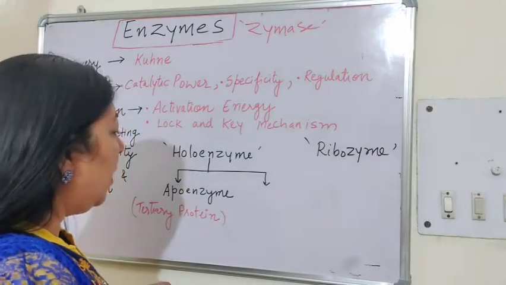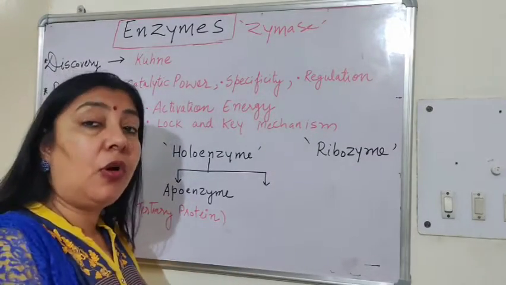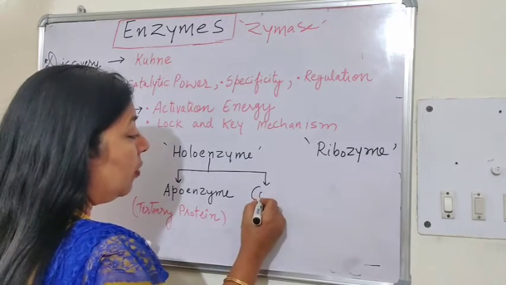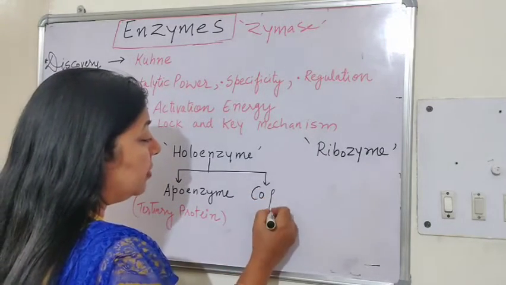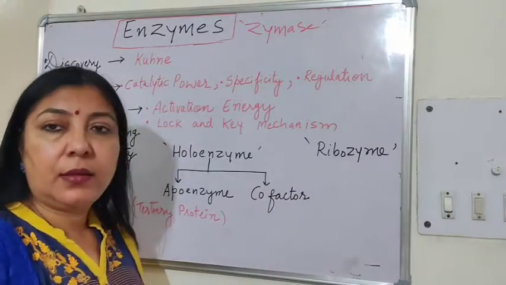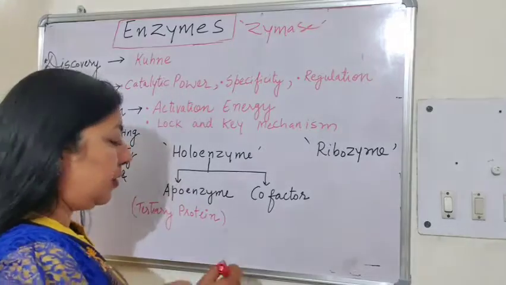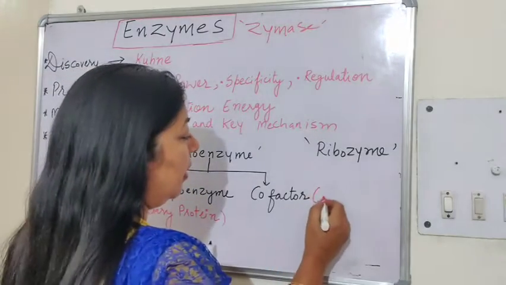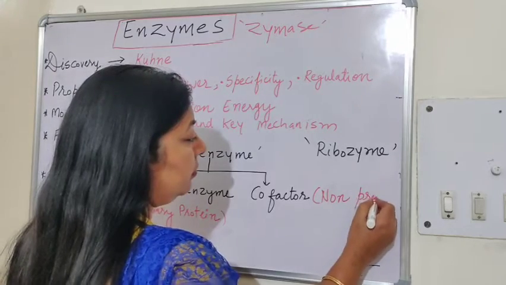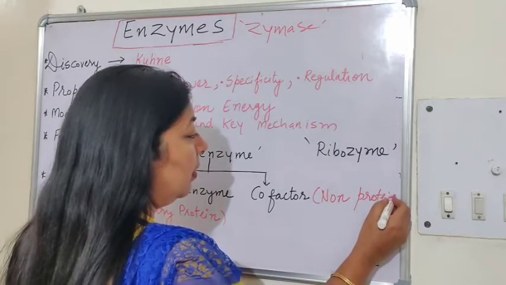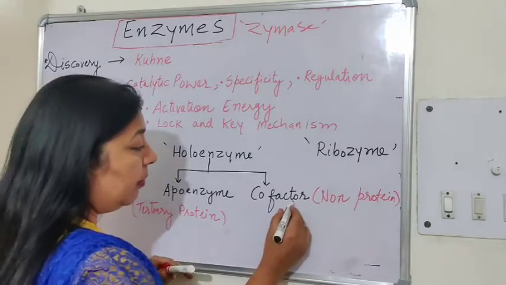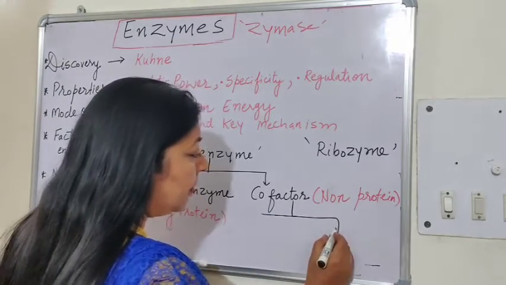Now the second part, which is the non-protein part of the enzyme, is called the cofactor. This non-protein part can again be of different types.